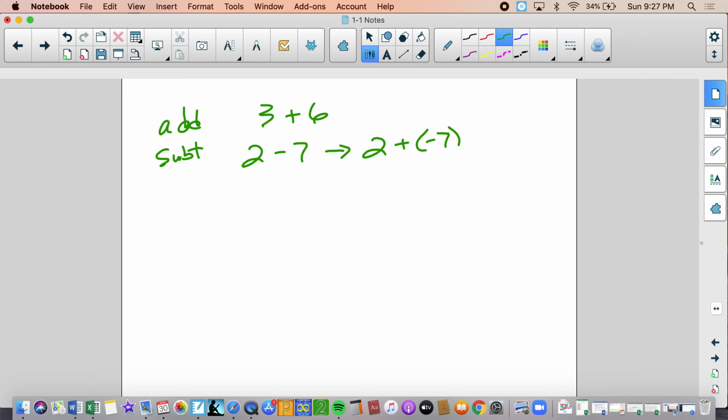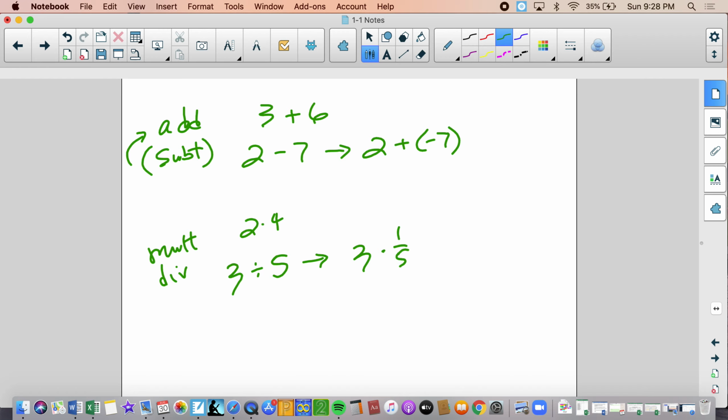So there's no such thing as subtraction. We can get really technical, but technically there's no such thing as subtraction. It's always addition. And when we have multiplication and division, you can have 2 times 4, and then let's have 3 divided by 5. Well, 3 divided by 5 is 3 times 1/5. We convert the division to multiplication by taking the reciprocal. I don't know if you remember that when you were dealing with dividing of fractions. You always took the reciprocal of that right side.